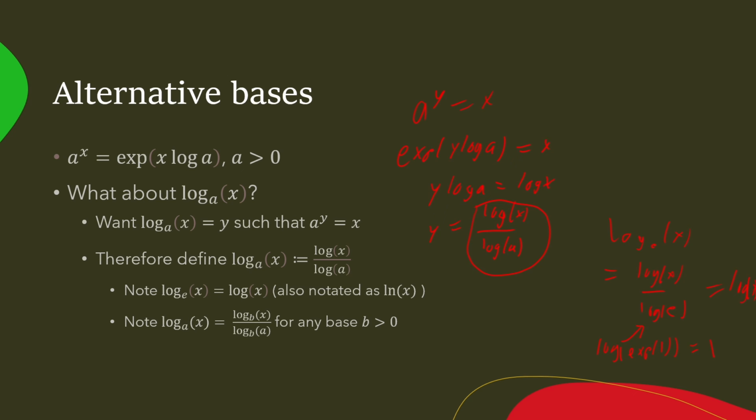What you have is log base b of x, using our definition now, is log of x over log of b, and then you're dividing that by log of a over log of b. And then you notice that these log of b's will cancel each other out, and you're just left with log of x over log of a, or in other words, log base a of x. So that shows that these two things are equivalent to each other.